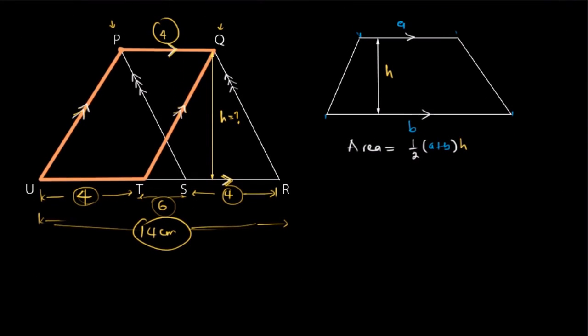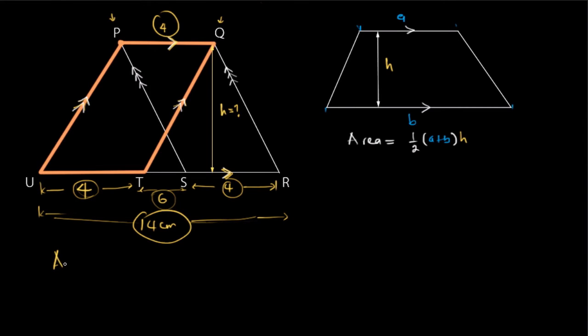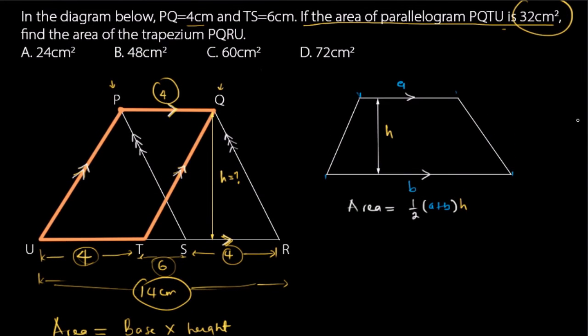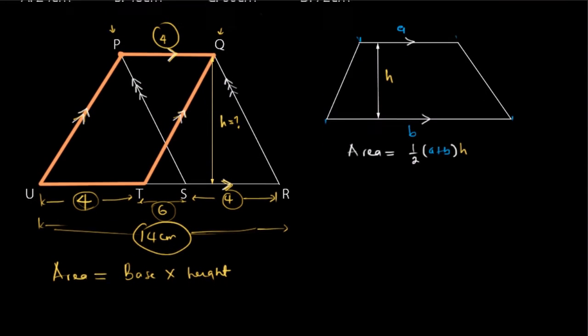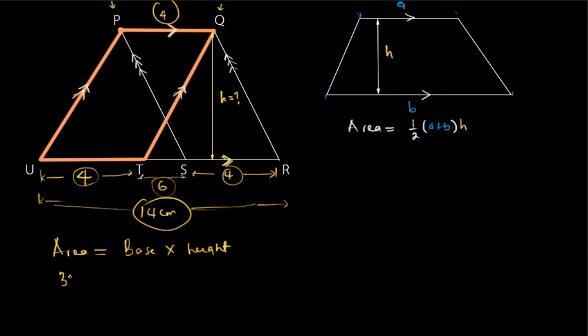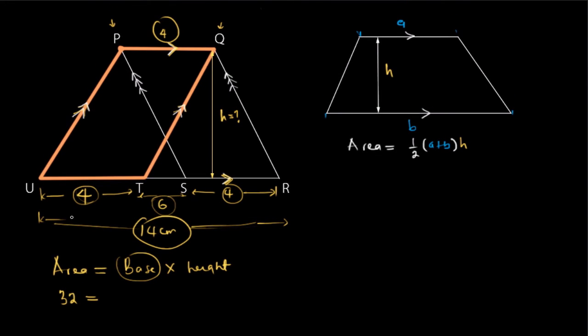The area of a parallelogram is base times height. This is the formula, and we have been given the area to be 32 cm square. So 32 cm square equals the base of the parallelogram. If you look at this parallelogram, the base is 4, times the height.